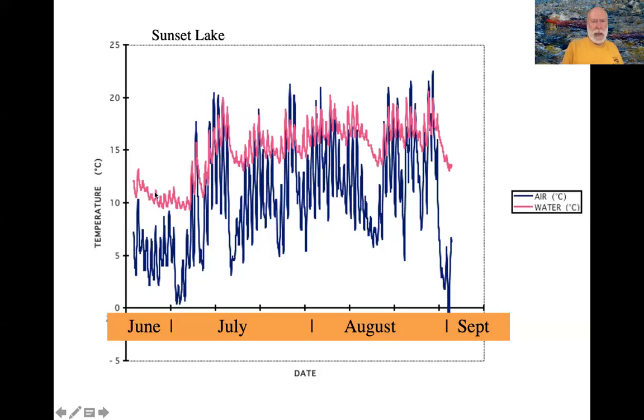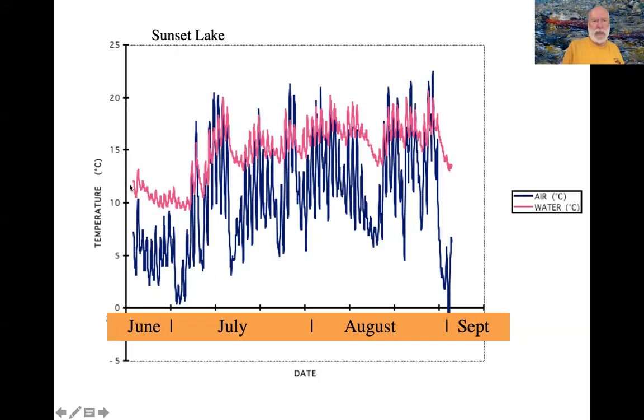And so here for Sunset Lake, which is up on the Coquihalla connector, you can see the record of water temperature at Sunset Lake, and also the record of air temperature through the summer.